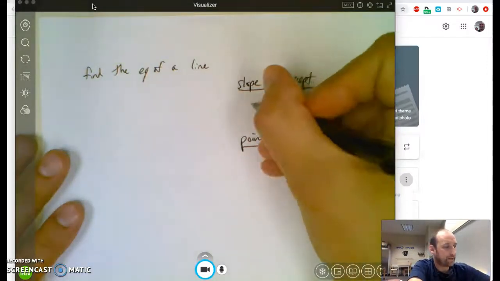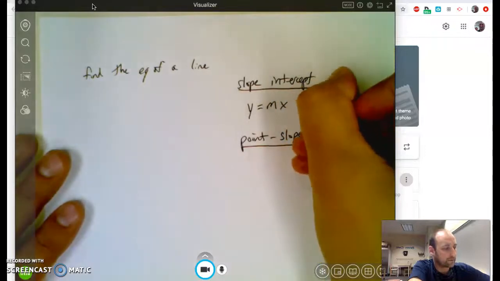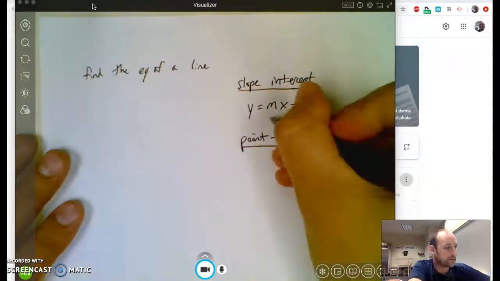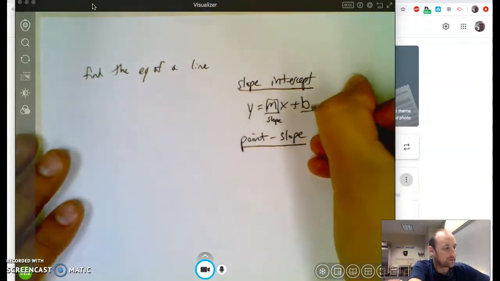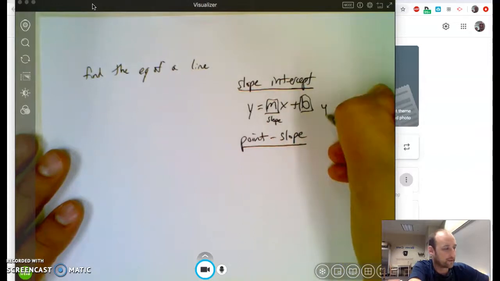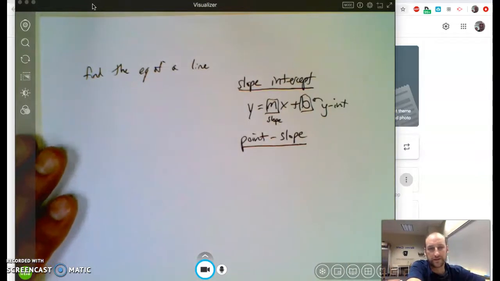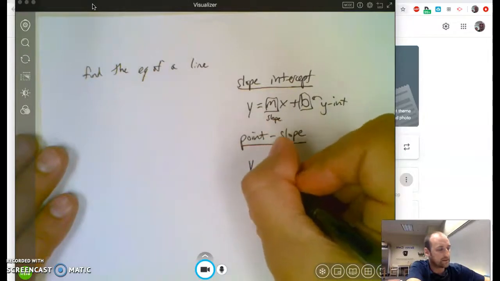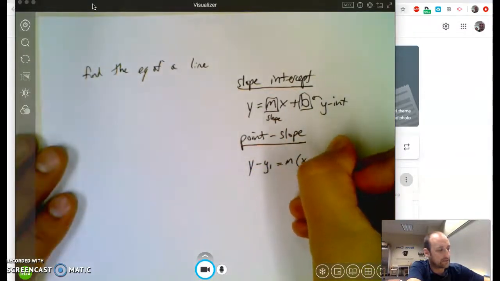Not everyone. Most people prefer slope-intercept because it's fun to say y equals mx plus b, where m is your slope and b is your, don't just say intercept, but say y-intercept. Remember how we just found y-intercepts? Well, there it is. Okay, super easy, right? Most people remember that. The other way is this, and most people don't give this one enough credit.